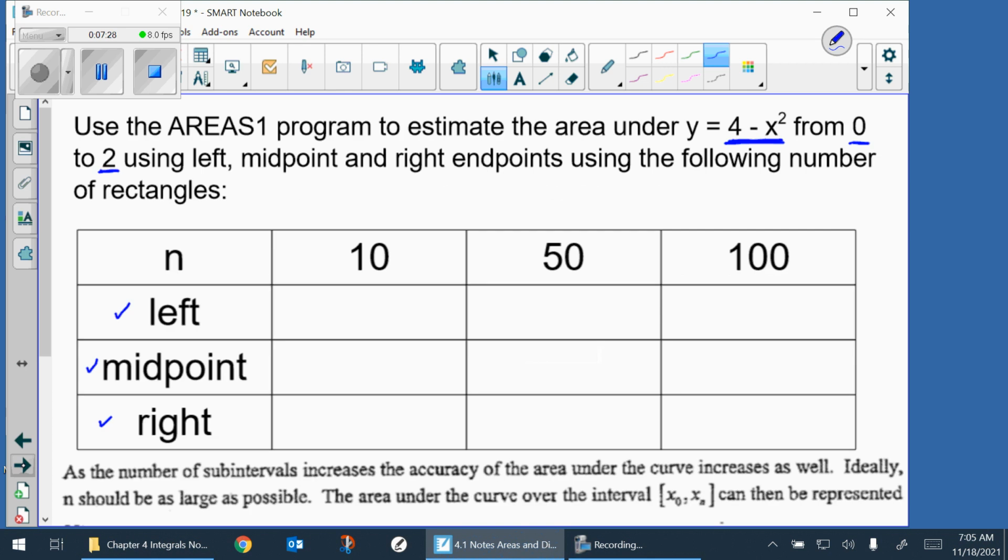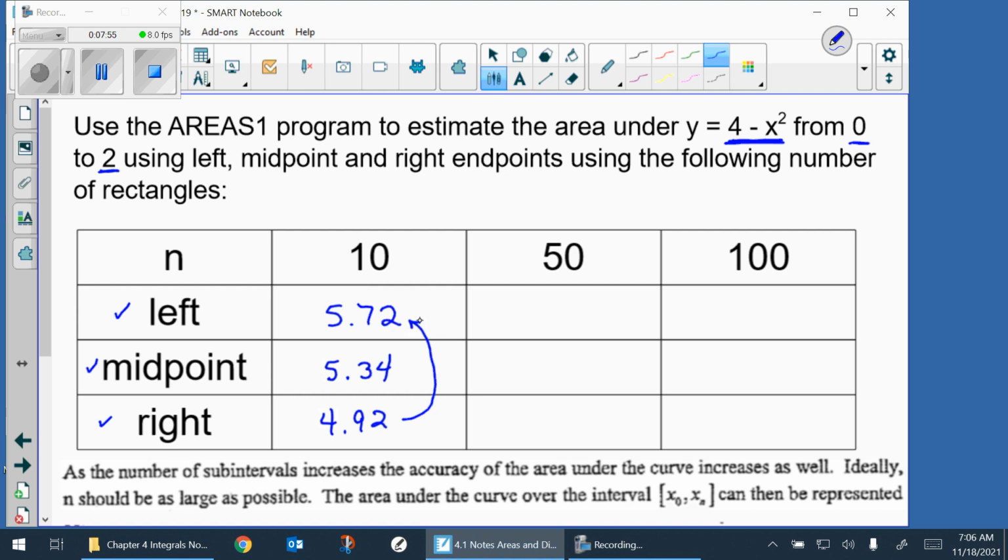Now, if I put these numbers into my calculator correctly, I do believe that it's telling me my area using a left endpoint is 5.72, midpoint 5.34. Now 10 rectangles narrows this area down. It's somewhere between 4.9-ish and 5.7-ish.